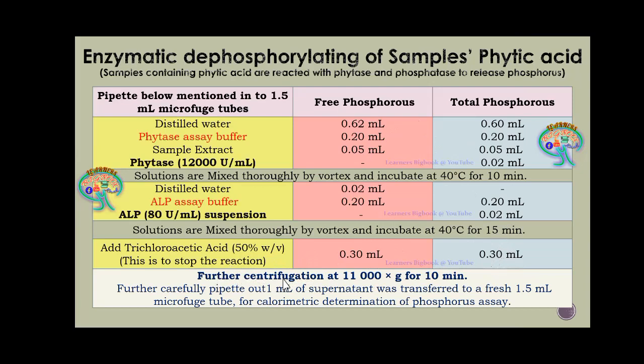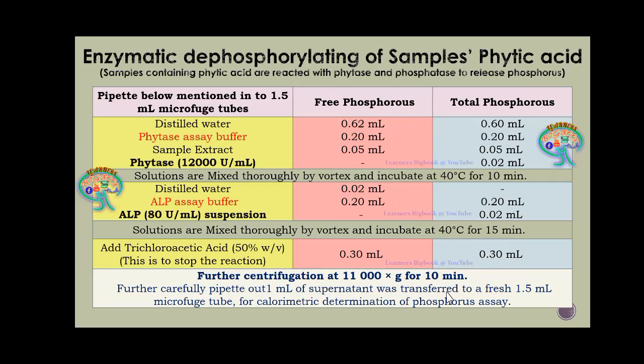Now further, after this, both microfuge tubes have to be separately centrifuged at 11,000 rpm for 10 minutes. Further, the supernatant has to be transferred carefully.